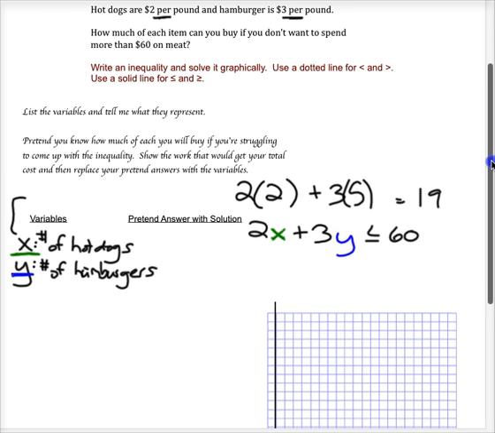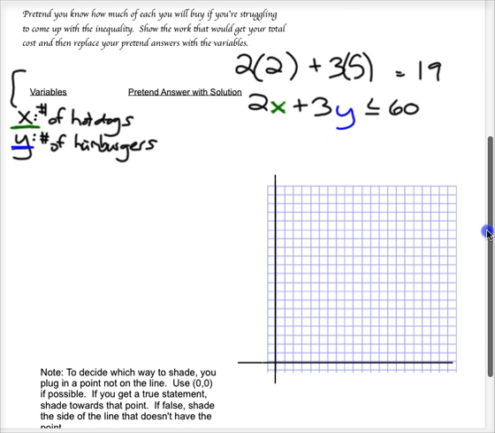Now, in order to actually graph the solution set, well, we only know how to graph things in y equals mx plus b form. So what I'm going to do is I'm going to get this in y equals mx plus b form. So I'm going to subtract 2x from both sides.